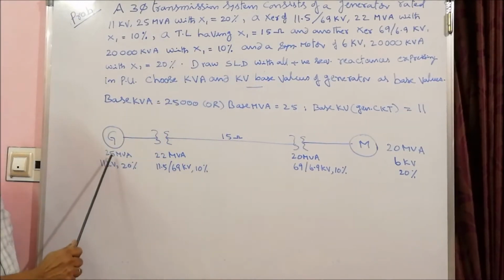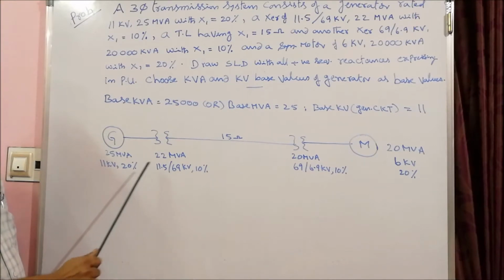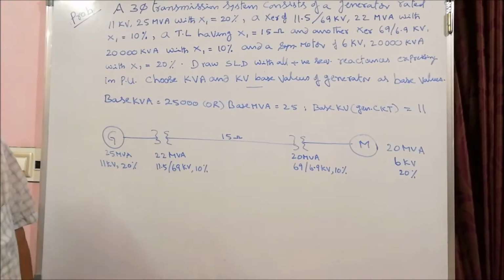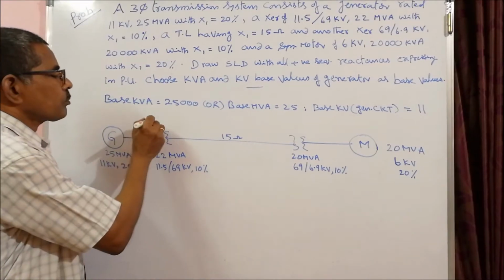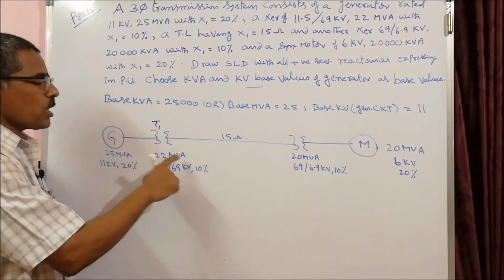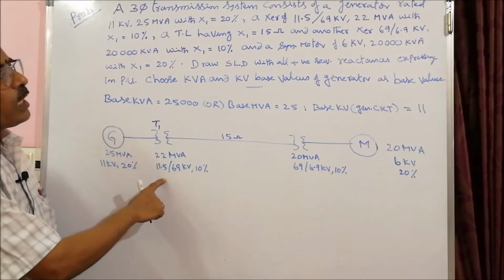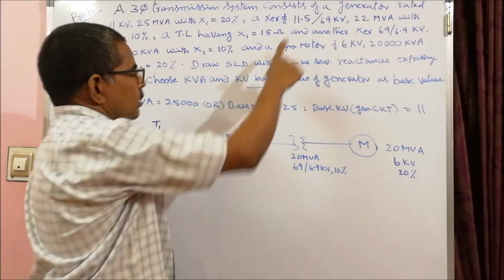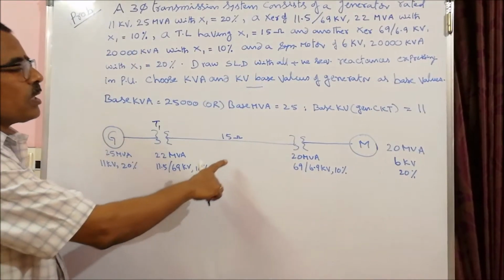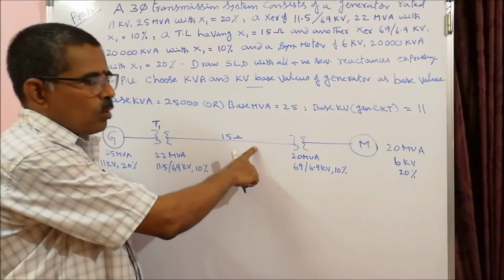I marked all the values: 25 MVA, 11 kV, 20%. Transformer 1, which is 22 MVA, 11.5 by 69 kV, 10%. Transmission line, 15 ohms.